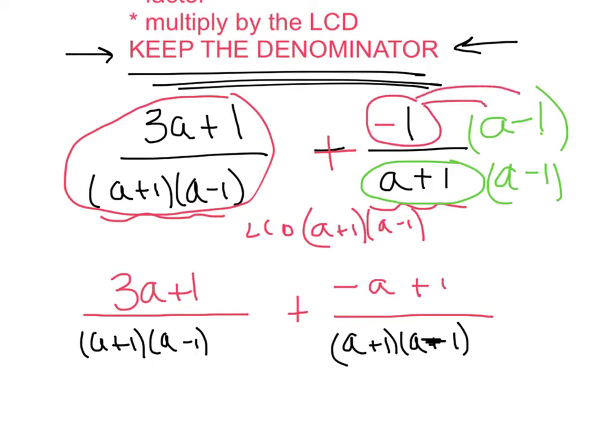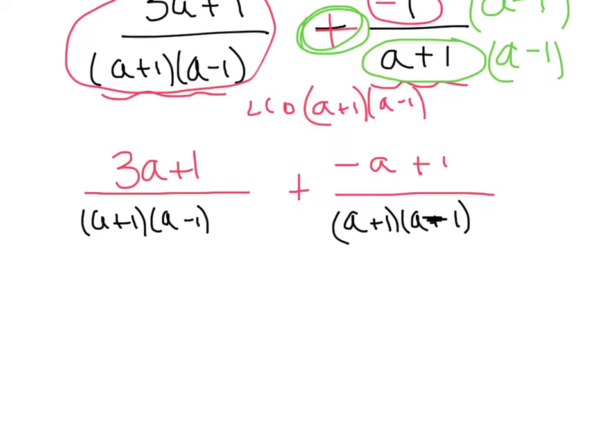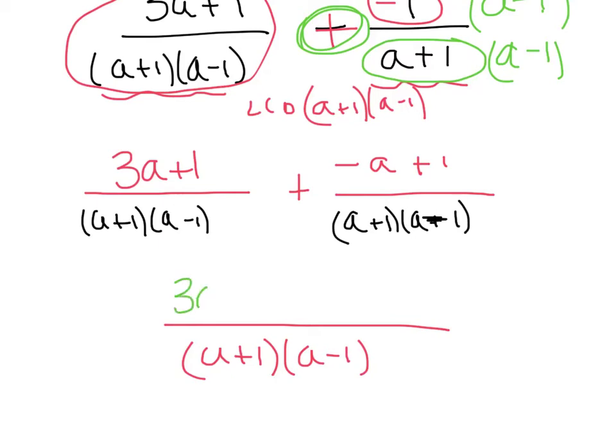One of our biggest mistakes is not changing this negative to a positive. Now I'll rewrite it as one big fraction with the common denominator, a plus 1 and a minus 1 in the denominator. On top, I have my 3a plus 1 minus a plus 1.